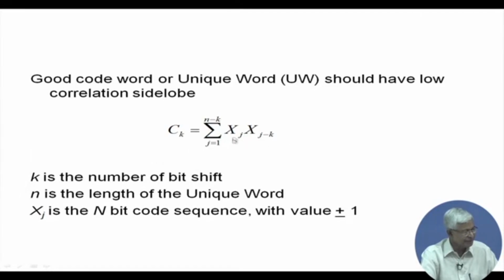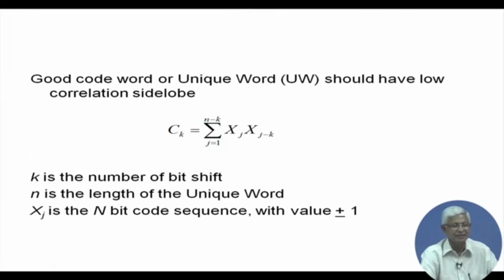The pattern is xj and the shifted pattern is xj minus k, k bits shifted. K is the number of bit shifts and n is the length of the unique word, and xj can be plus or minus 1. So, with this the side lobes have to be low if the code word selection, the xj pattern, is of good quality.